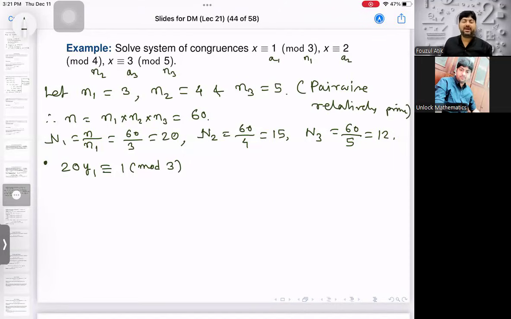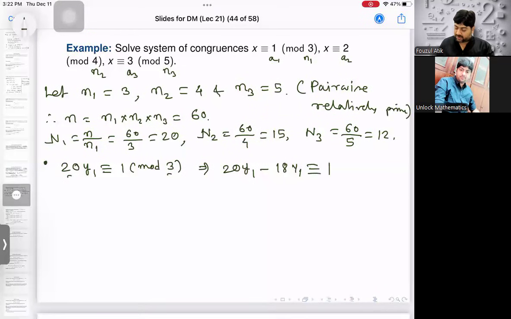But this problem we have done in the previous two lectures. See here, this 20 is a bigger number than 3, so we can always simplify this. I can make 20 y1 minus something which is divisible by 3, so that I can subtract it. I can write it as 18 into y1, which is divisible by 3 now, so this will not have any effect.